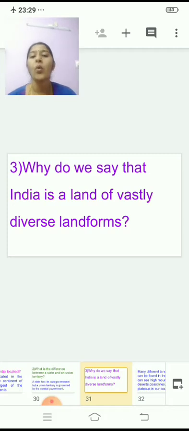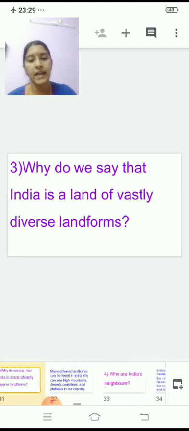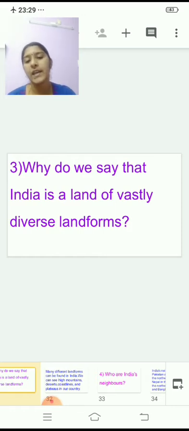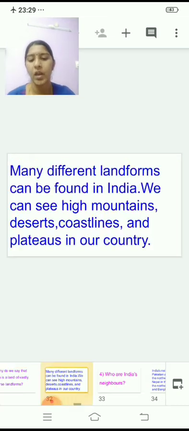Third one. Why do we say that India is a land of vastly diverse landforms? Many different landforms can be found in India. We can see high mountains, deserts, coastlines, and plateaus in our country.